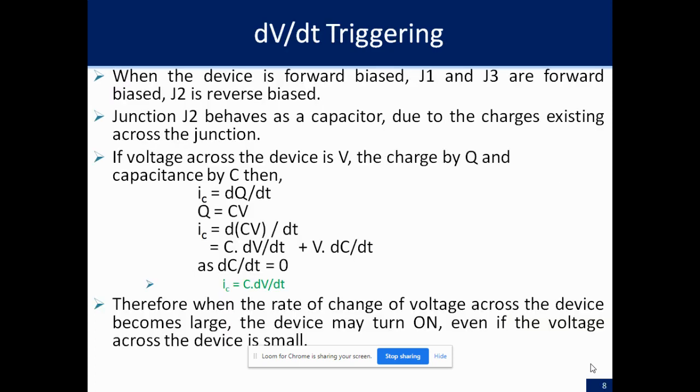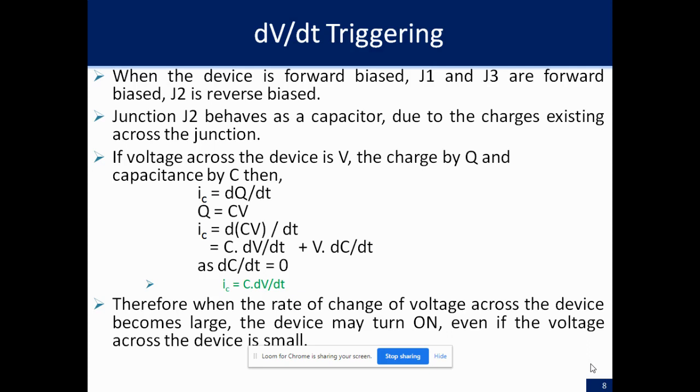Next is dV by dt triggering. All you need to remember is the junction J2 is like a capacitor. Because of this capacitance effect, the current through the capacitance, we know that IC is equal to dq by dt. Instead of Q, you can substitute CV, and you infer that IC is equal to C into dV by dt.